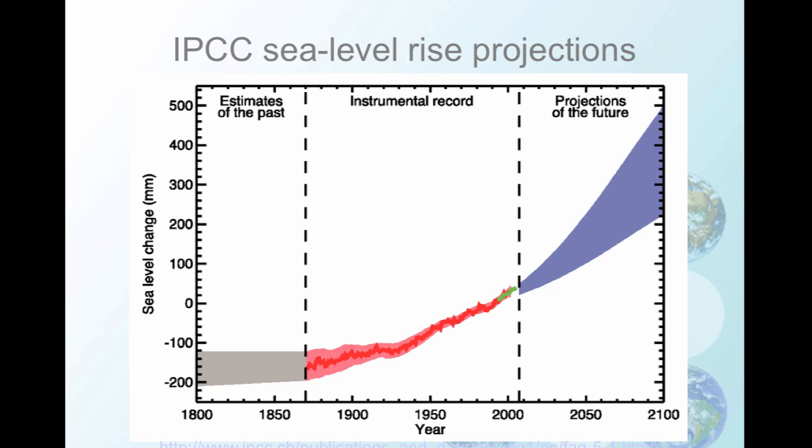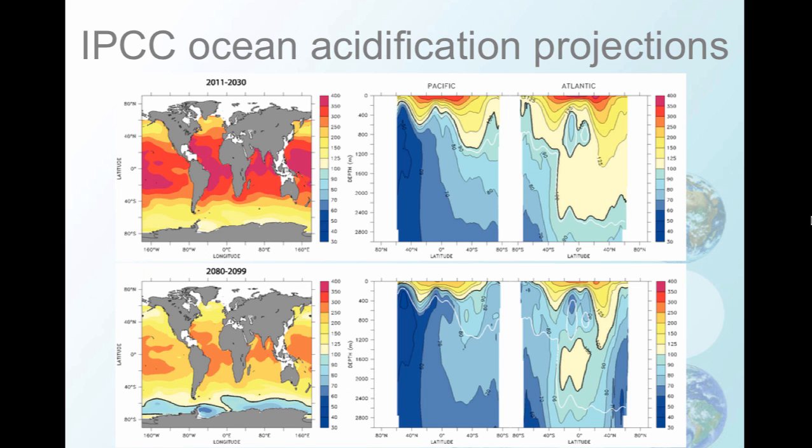And these are the projections for sea level rise. So what's already happened, as demonstrated from instruments, estimates based on the same kinds of paleoclimate work I discussed earlier, and then projections of what will be going on in this century. Ocean acidification.